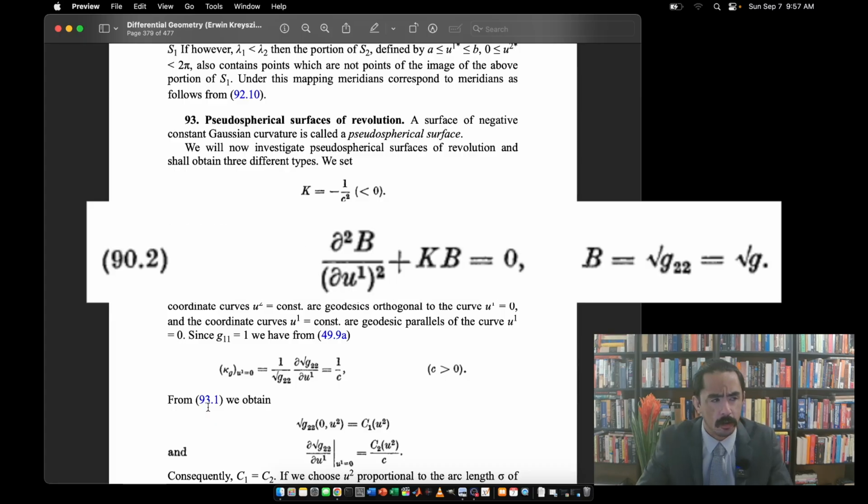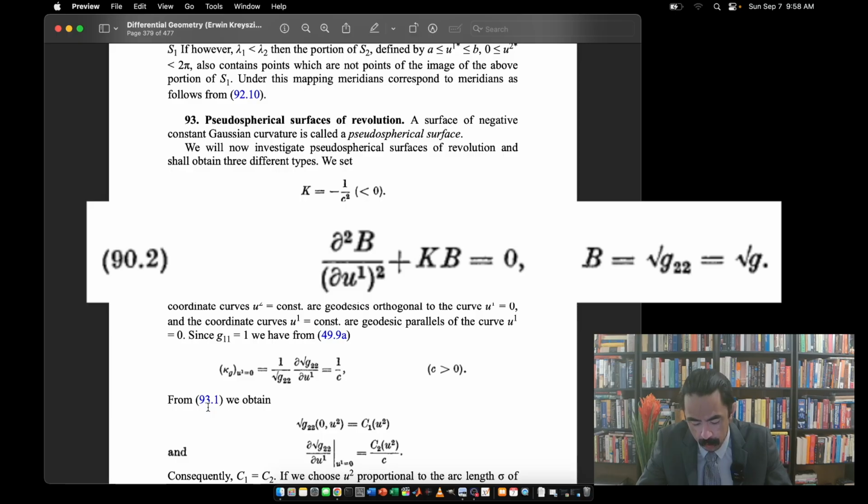Technically, I read that in an earlier episode, which by the time you're watching this should already be uploaded, but at the time of my recording right now, I have not yet edited nor uploaded the episode where I read section 90. So just to refresh ourselves, expression 90.2 is the partial squared of capital B with respect to u1 squared, plus capital K times capital B, equals 0, where capital B is equal to the square root of lowercase g sub 2, which is equal to the square root of lowercase g.